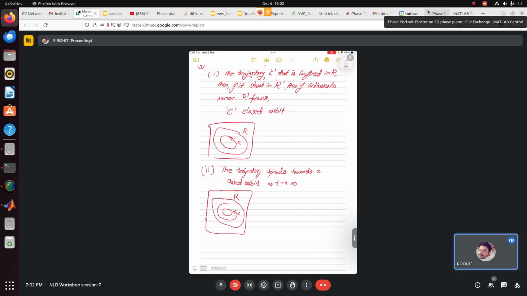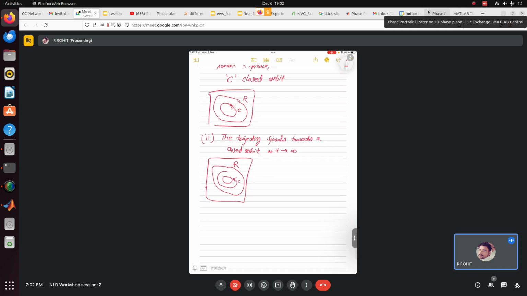So the system will exhibit one of these. Both of these mean that there exists a closed orbit in the system.